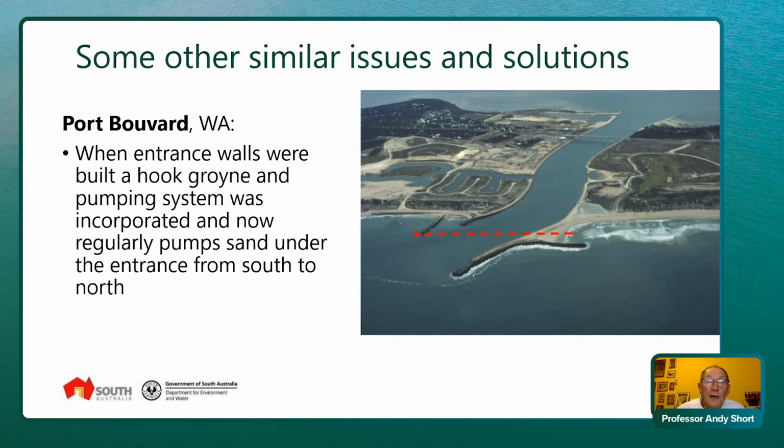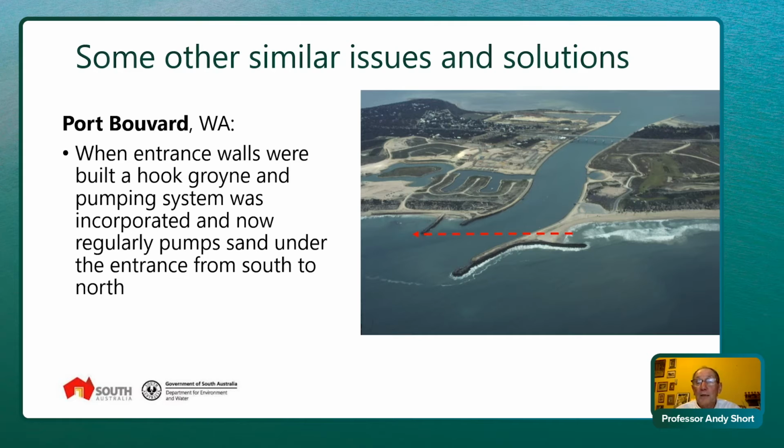First one is in Port Bouvard over in Western Australia. When they built the Dawesville Channel, it's called there, to open the Peel Inlet to the ocean and improve water quality in the Peel Inlet. Very successful program.